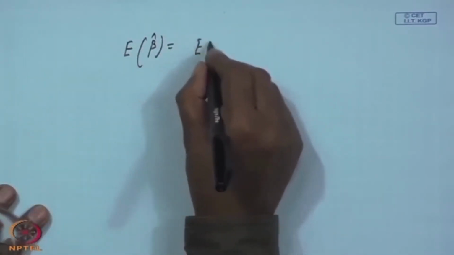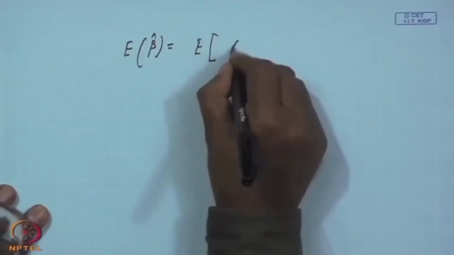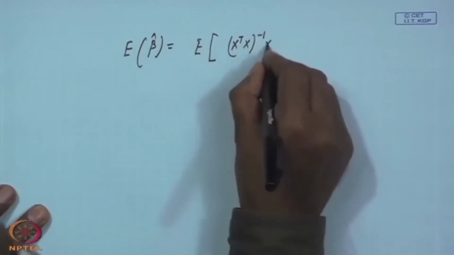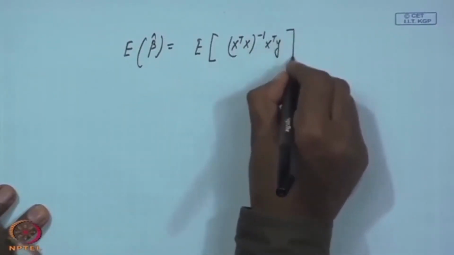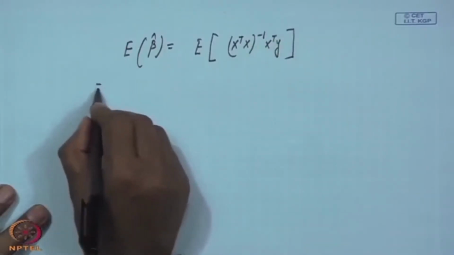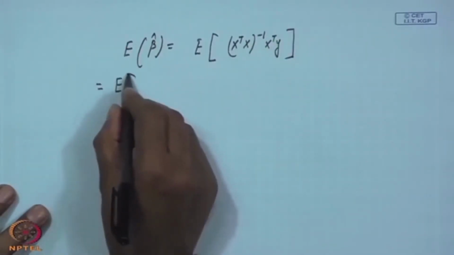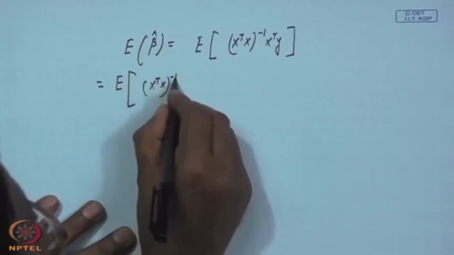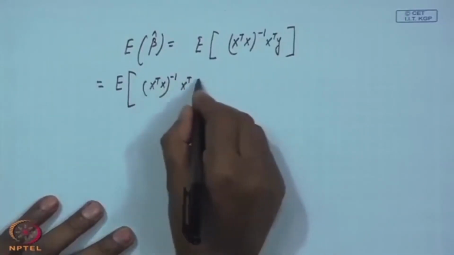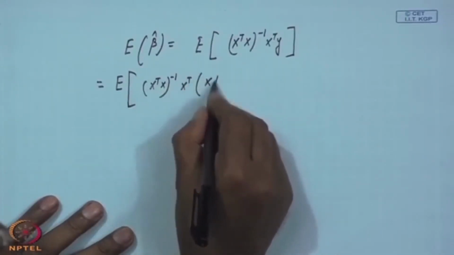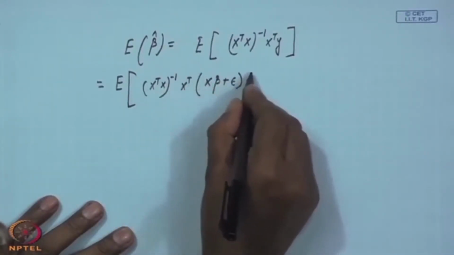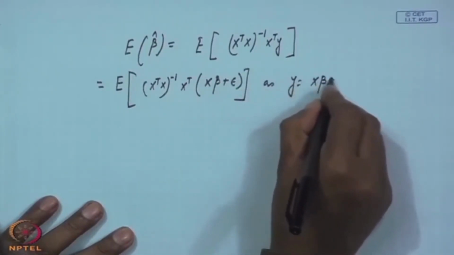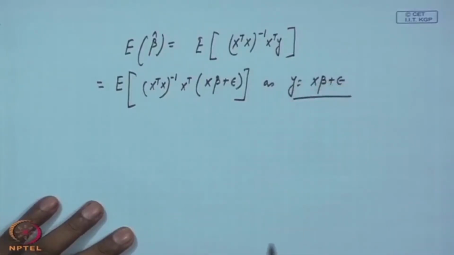The expected value of beta cap is the expected value of x transpose x inverse x transpose y. Now you all know y is x beta plus epsilon, this is the regression equation.